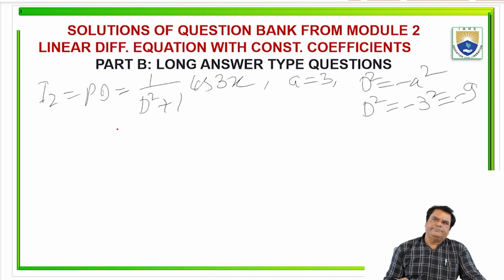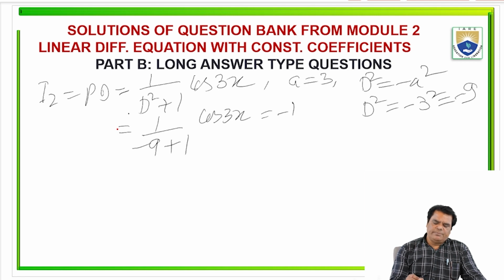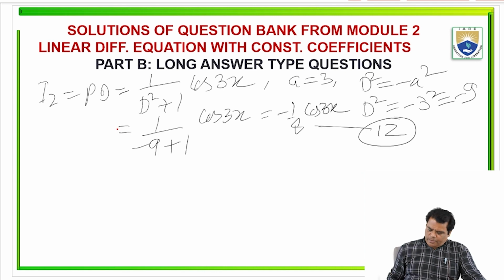Putting D square equal to minus 9 plus 1 and cos 3x, so this is minus 1 by 8 and cos 3x. This is answer 12.